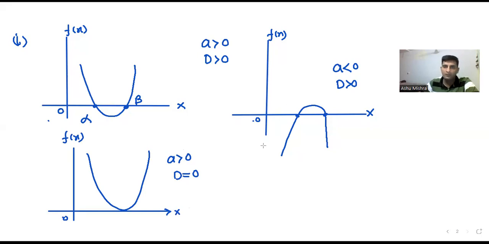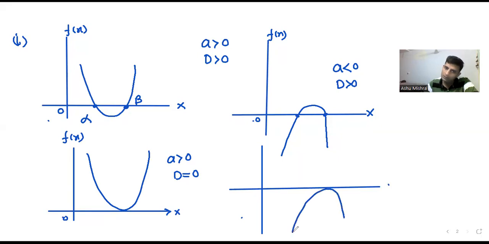Similarly, when a is less than 0, this is x, this is your f(x), and D will be equal to 0. This is your second case of the graph.